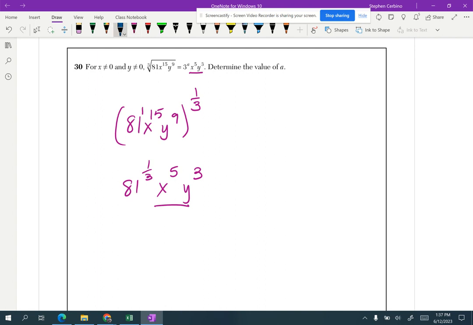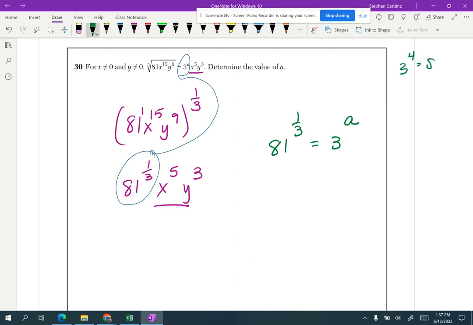So in reality, all I really care about is that this and this are equal to each other. Off to the side here, I can say 81 to the 1/3 is equal to 3 to the A. To do this, I want to make that base of 81 into a 3. We know that 3 to the 4th power is 81 because I played with my calculator and saw that.